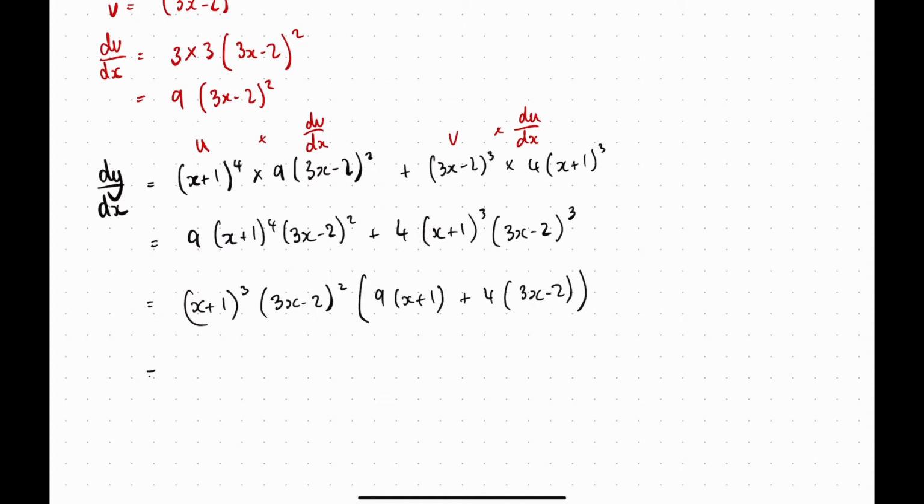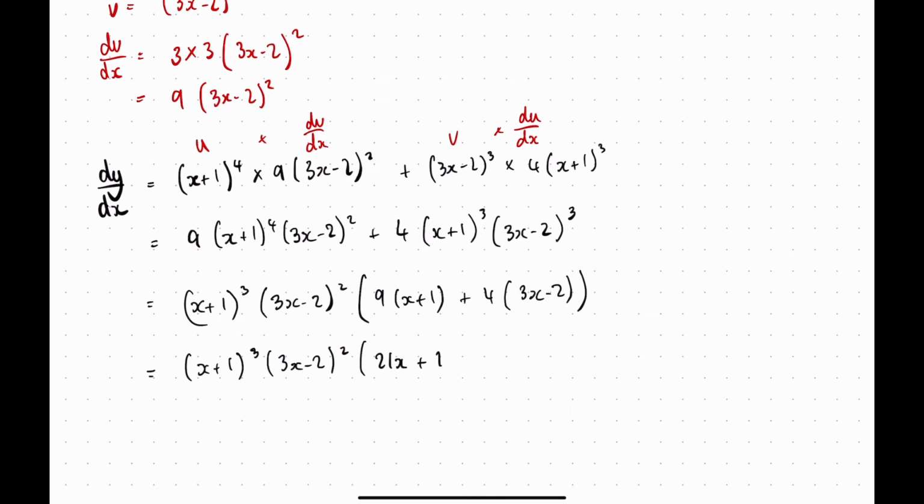Which is also x plus 1 cubed, 3x minus 2 squared, times 9x plus 9 plus 12x minus 8, so that's 21x plus 1. Okay, although they got 10x plus 11.